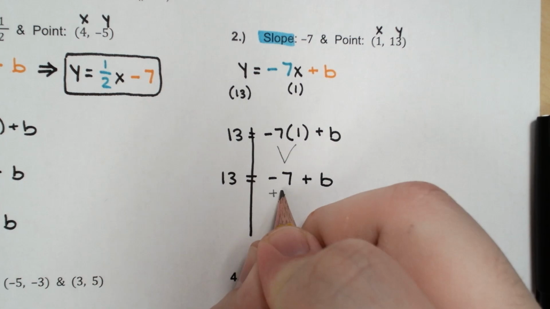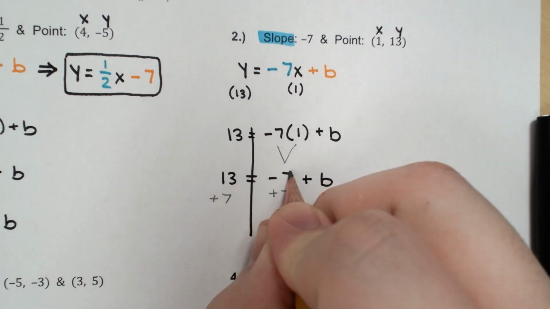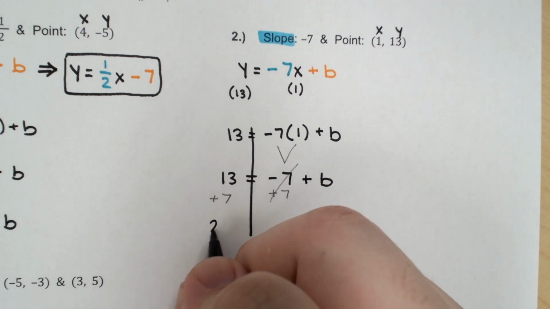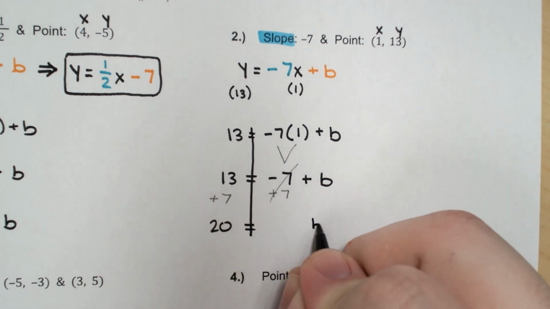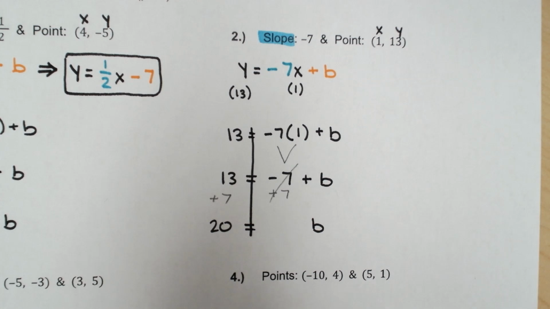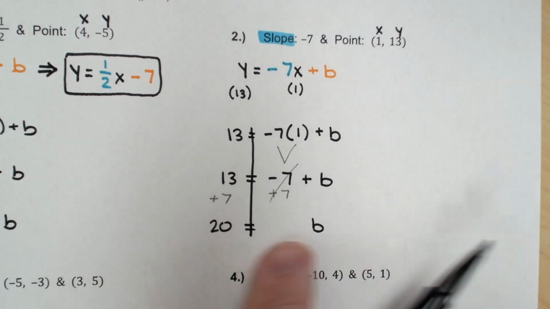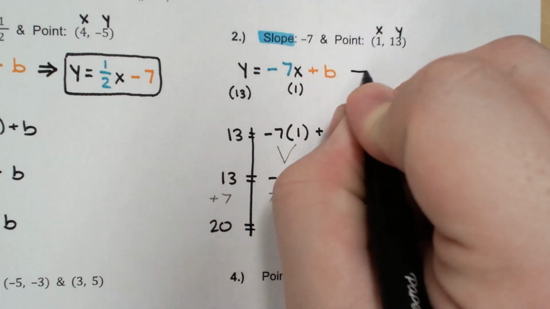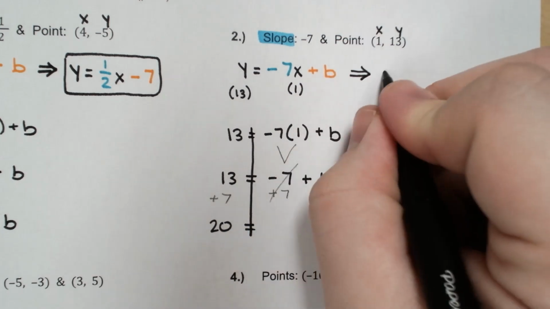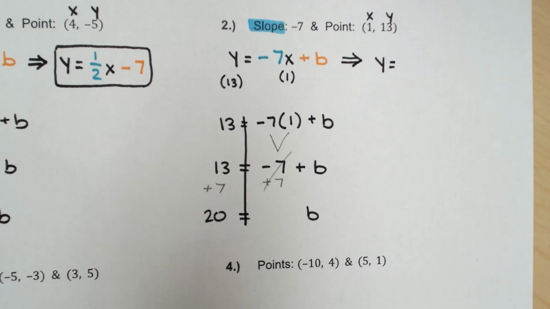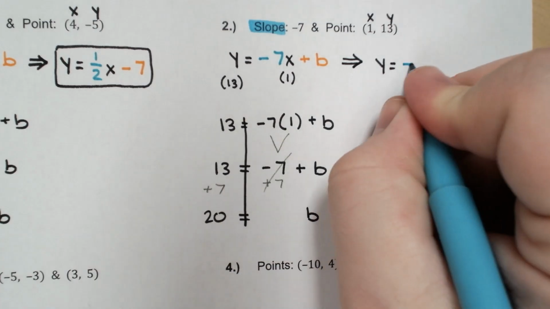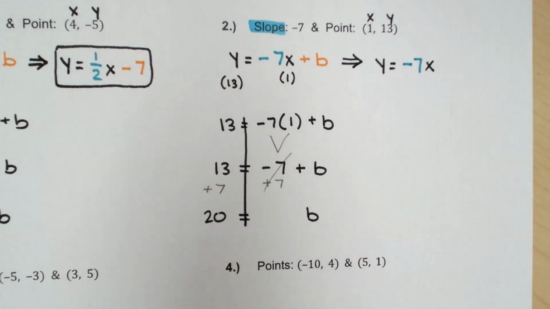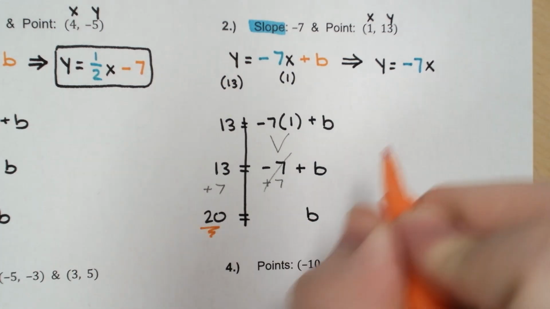And then I will add 7 to both sides to get 20 equals b. Okay, well, just like before, now I know that my y-intercept would have been 20. So let me go back up here and rewrite this as y equals -7x plus 20.